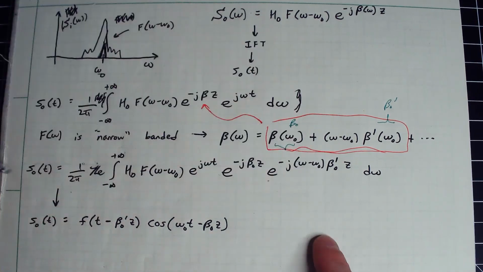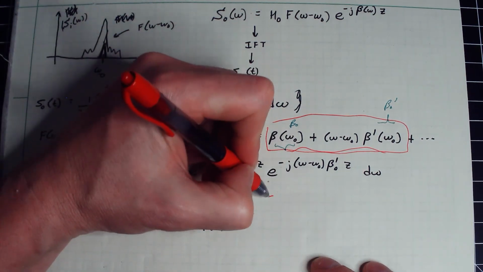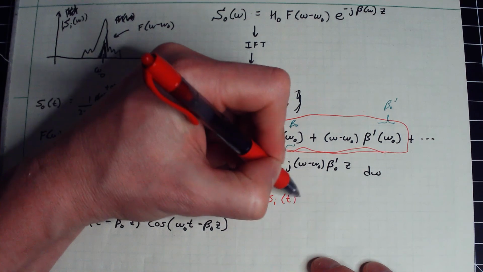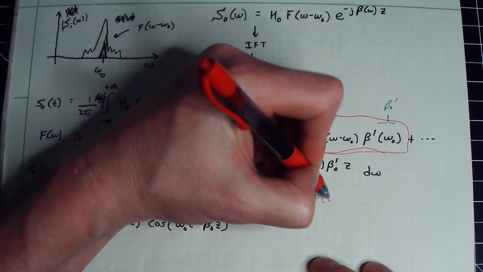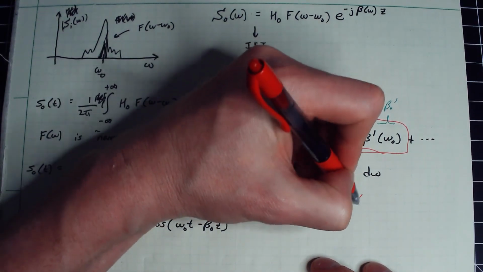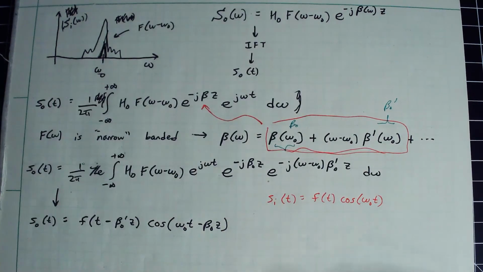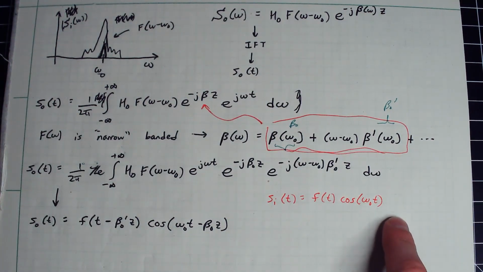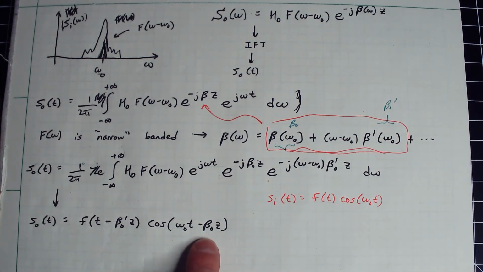Just for reference, I'm going to write my input signal off to the side here. Remember, S sub i of t was f of t cosine omega naught t. That was my input, and then I ran it through this little delayed system, and this is what came out at the other end. All I did was some Fourier transforms on it.